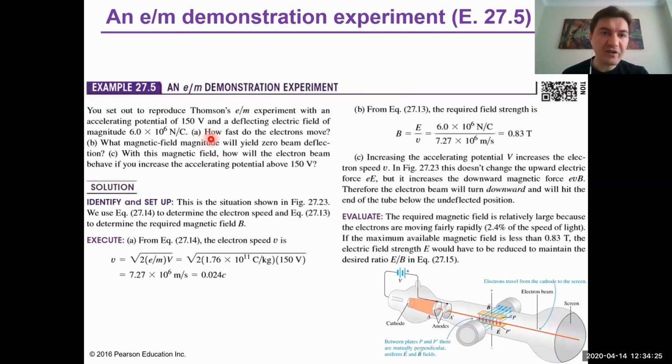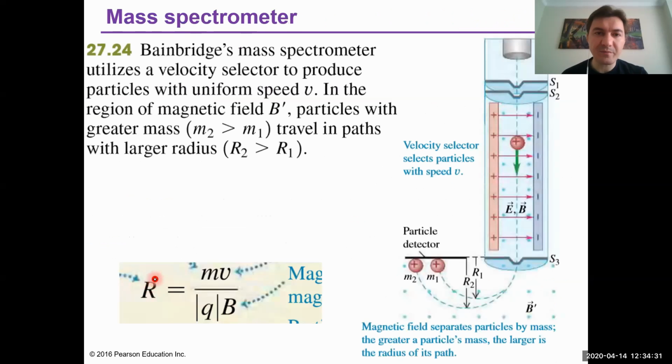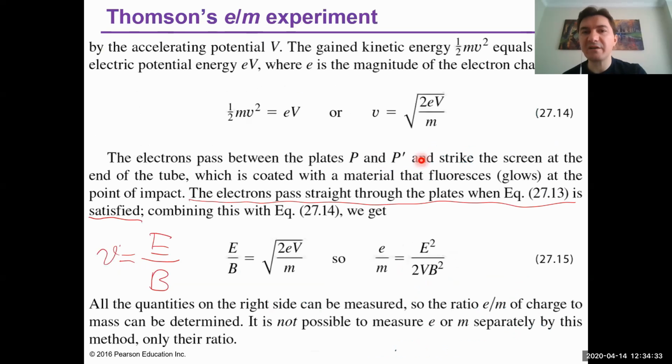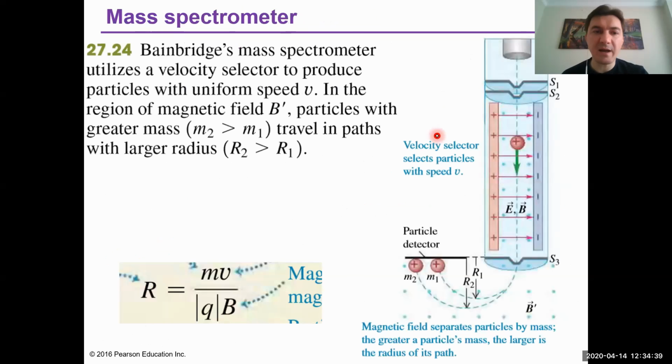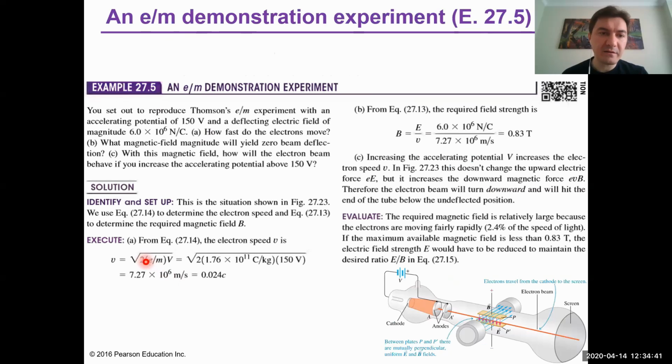So first question, what is the velocity of electrons? Velocity is given by that expression. We have already done it here. v equals the square root of 2 times e times the potential difference over m, where e is the charge of the electron and m is the mass of the electron.